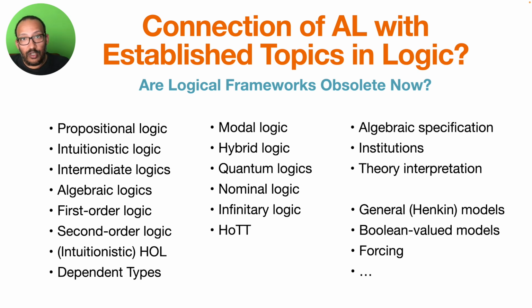A very important thing here is also what's the connection of abstraction logic with established topics in logic, right? There are so many things in logic. Of course, propositional logic, intuitionistic logic, intermediate logics, algebraic logics, first order logic, second order logic, intuitionistic higher order logic, dependent types, modal logic, hybrid logic, quantum logics, nominal logic, infinitary logic, homotopy type theory, so many things.